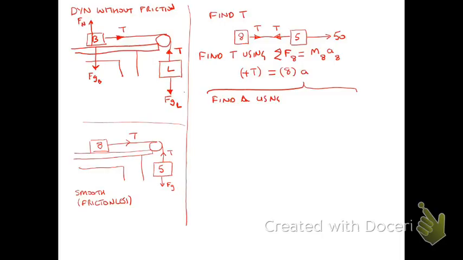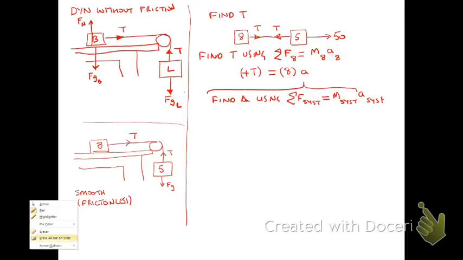using the sum of the forces on the system is equal to the mass of the system times the acceleration of the system. And when I say system, I mean that's my system.